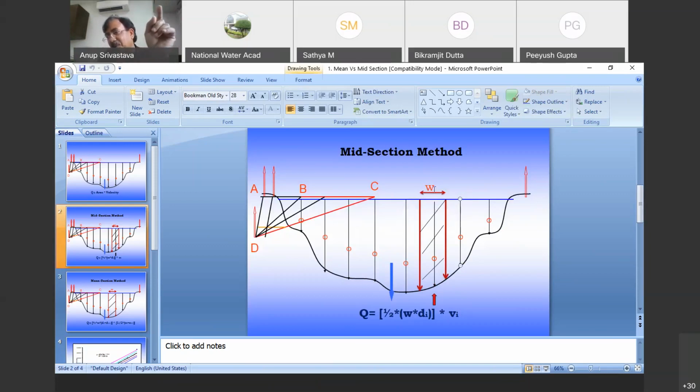Half will give you this W. So this W, the width of this trapezium segment, multiplied with the depth will give you the area of this segment. And once you multiply it with the observed velocity here, we are not averaging like in the mean section method, we use the observed value here, it will give you the discharge of this segment. This practice is adopted from one end to the other, and then you sum up the discharge values to get the total discharge by the midsection approach.